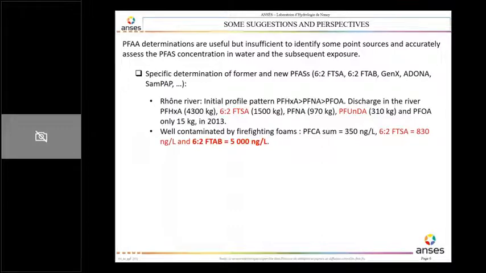Second example, in a well located close to a firefighter training area and used to supply drinking water, we found several PFCA. It was not surprising, but also 6:2 FTSA and above all 6:2 FTAB at 5 micrograms per liter.